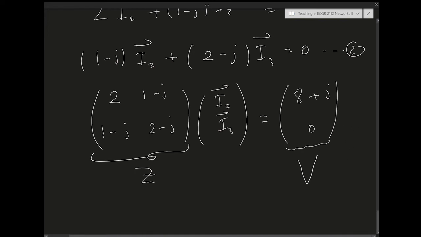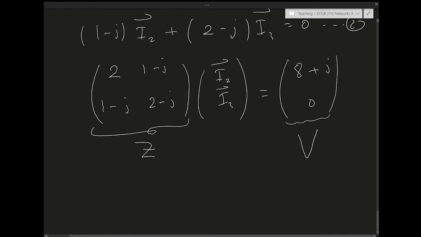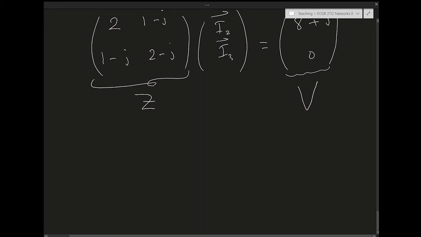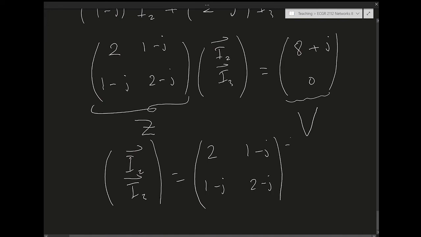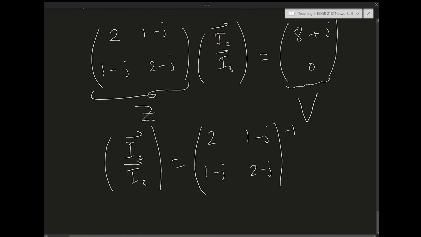I just call them something because when I go to MATLAB, I want to define those matrices and column vectors. So I2, I3 is just equal to the same matrix, 2, 1 minus J, 1 minus J, 2 minus J, inverse, times 8 plus J, 0.